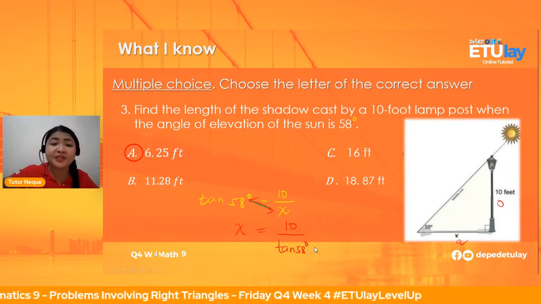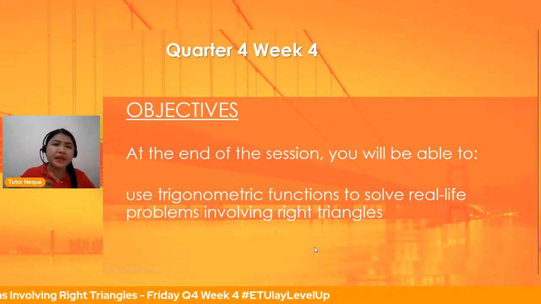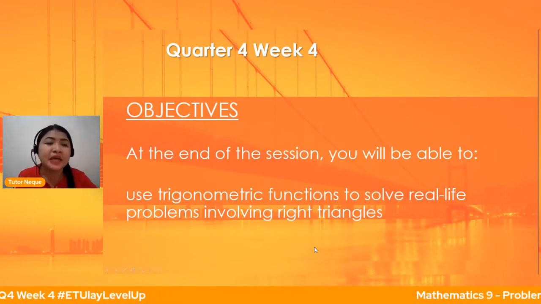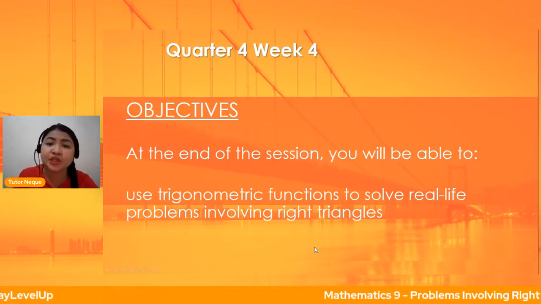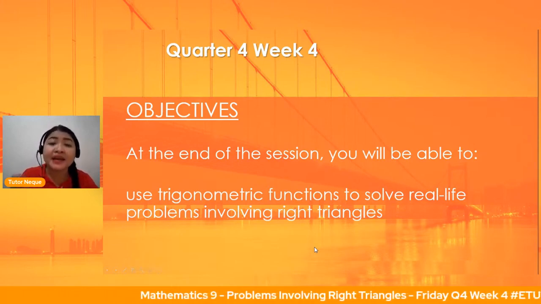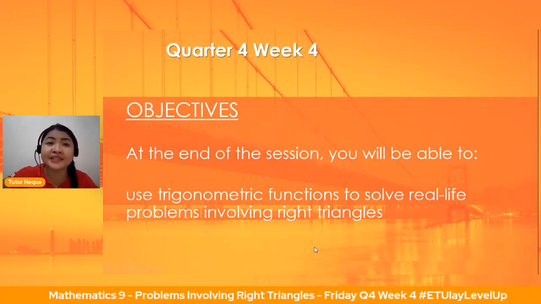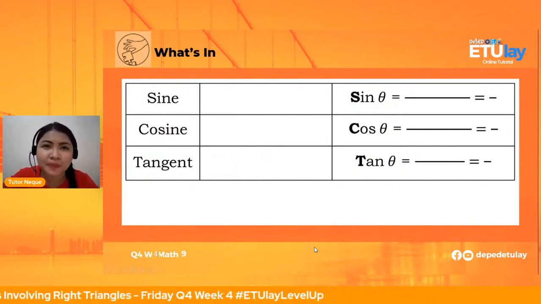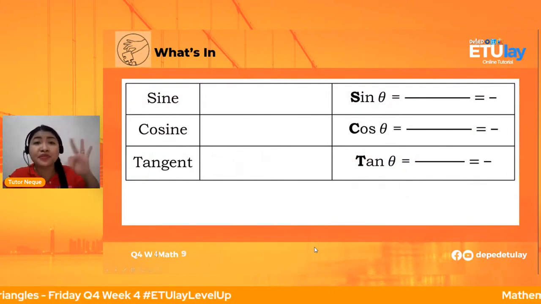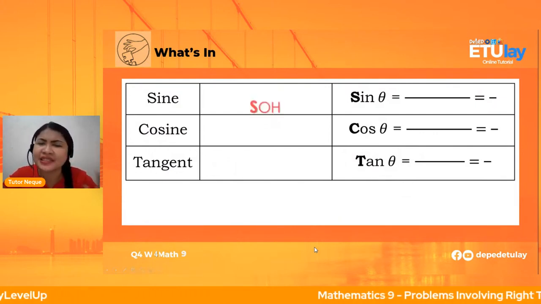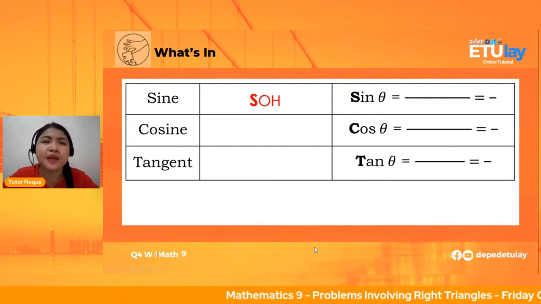Now, for our lesson for today, it is actually the extension of our previous lessons. At the end of the session, you will be able to use trigonometric functions to solve real-life problems involving right triangles. In real-life word problems, we usually use the 3 trigonometric functions: sine, cosine, tangent. Lagi nyo na lang tandaan yan.